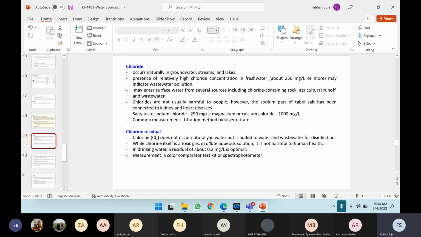Chlorine residual does not occur naturally in water, but is added to water and wastewater for disinfection. This is chlorination. While chlorine itself is a toxic gas, in dilute aqueous solution it is not harmful to human health. In drinking water, a residual of about 0.2 milligram per liter is optimal.